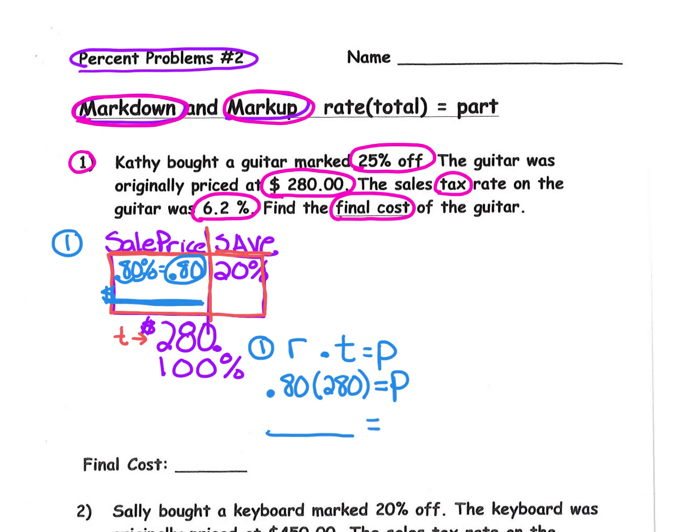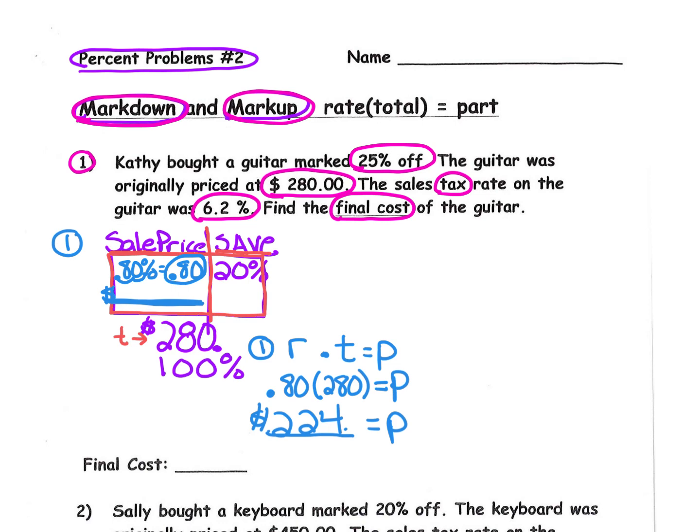Grab your calculator and punch that in. 0.80 times 280. You should have gotten a sale price of $244.